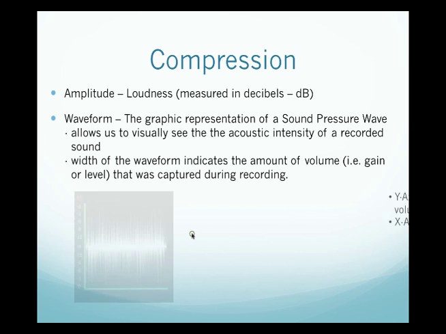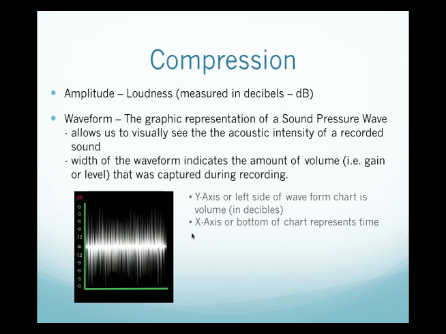Now, the waveform, as you can see below, is the graphic representation of a sound pressure wave. These waveforms allow us to visually see the acoustic intensity of a recorded sound. So we can see how intense it is, how loud it is.